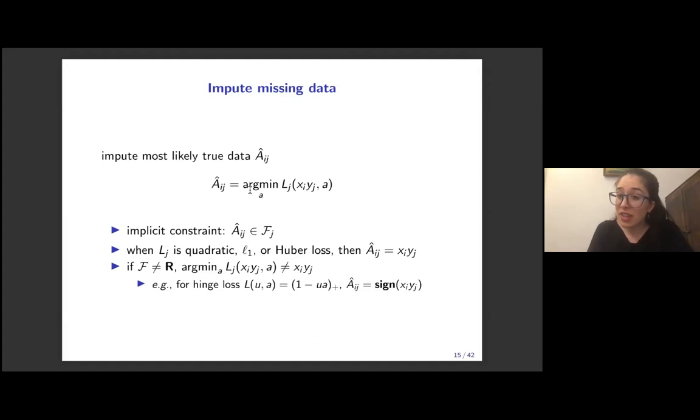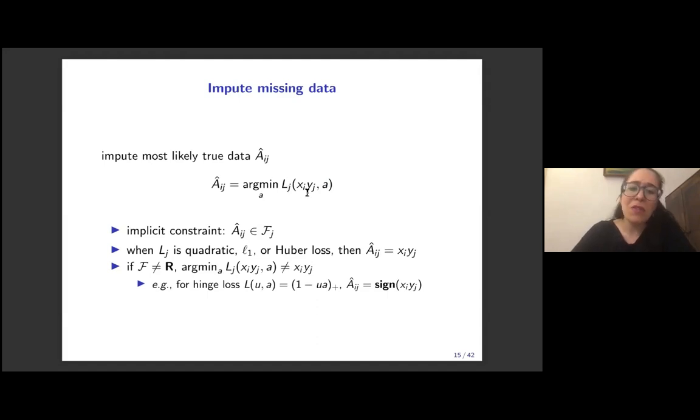The loss function is the thing that connects real values and the kinds of values that we've observed. So to fit the model, we minimize over X and Y. But to do imputation, we fix the model, the X and the Y, and we minimize over the other argument, the argument that should be in the right domain, the value that we didn't observe.